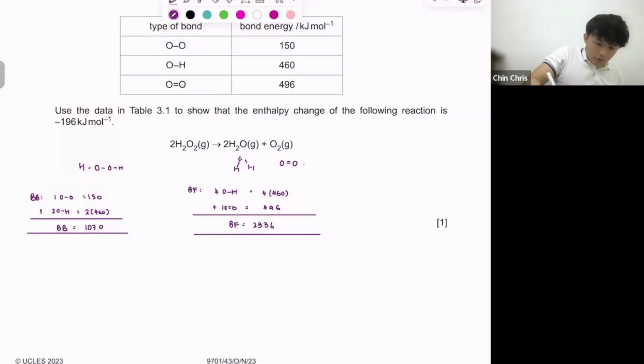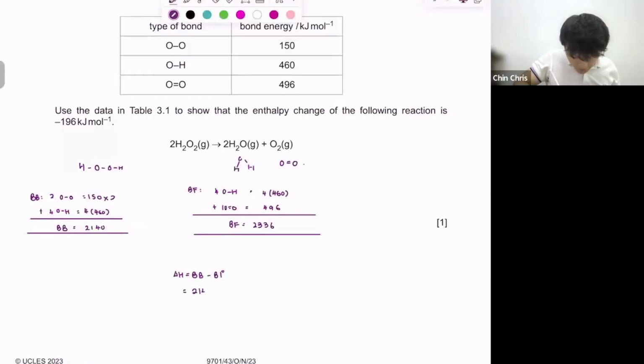Oh my god, I forgot to multiply the value by 2. 2 here and 4 here, right? 1070 times 2, 2140. So my delta H equals BB minus BF. 2140 minus 2336.